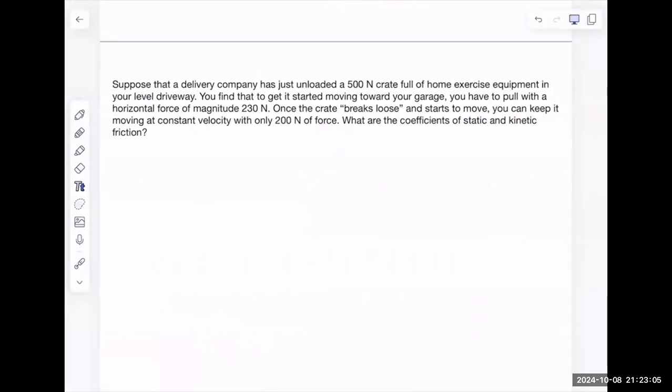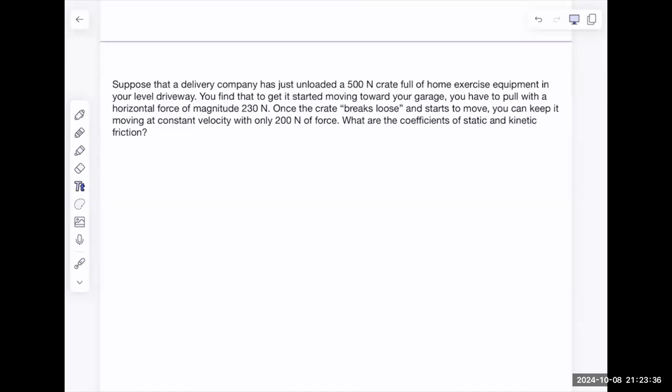So now let's see this problem. Suppose that a delivery company had just unloaded a 500 Newton crate full of home exercise equipment in your level driveway. So level driveway, it's flat. You find that to get it started moving towards your garage, you have to pull with a horizontal force of magnitude 230 Newton.